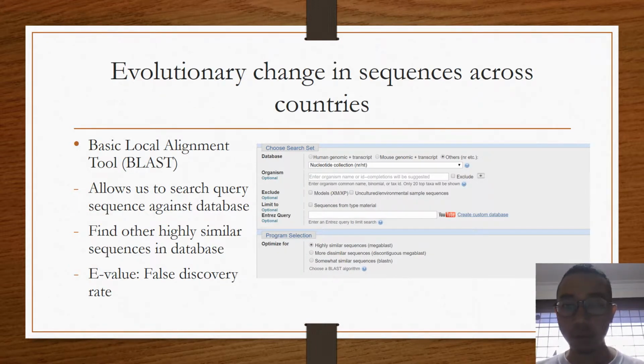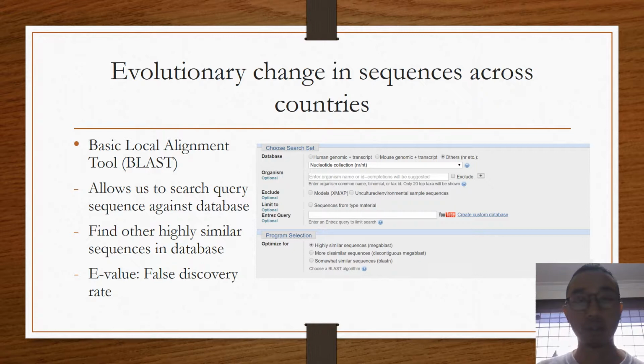Moving on to our next objective, we will be finding out the evolutionary change in sequences across countries. To do so, we are going to use the Basic Local Alignment Search Tool, or BLAST for short. BLAST allows us to search a query sequence that we have entered against the NCBI database, and the results will show us other highly similar sequences in the database.